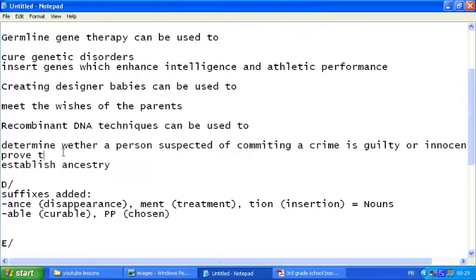In proving, recombinant DNA techniques can determine whether a person suspected of committing a crime is guilty or innocent. It can also establish the identity of dead bodies.